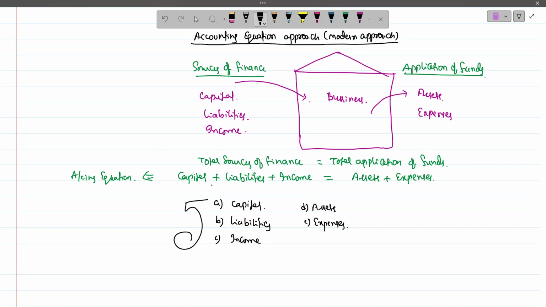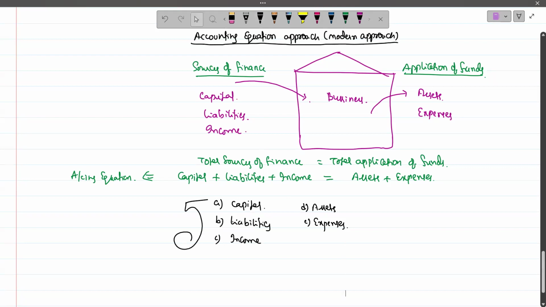The sources of the finance consist of three things: capital, liability, and income. And application of the funds is done in two ways: one is assets and the other is payment of expenses. These are the five categories we have as per the accounting equation approach.